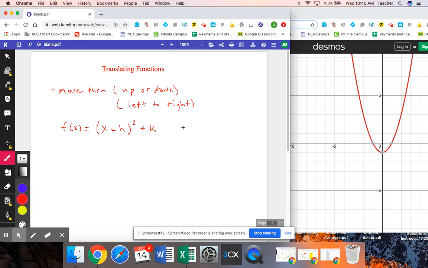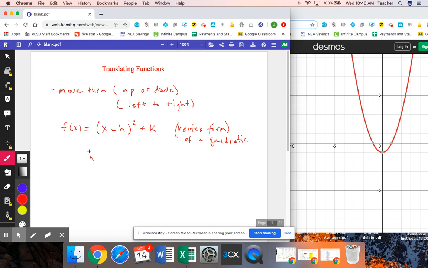So basically, this is the general form. This is actually called vertex form for a quadratic. Get used to that word quadratic. That's why I'm trying to use it. This is the vertex form of a quadratic. Anything raised to the second power is a quadratic.